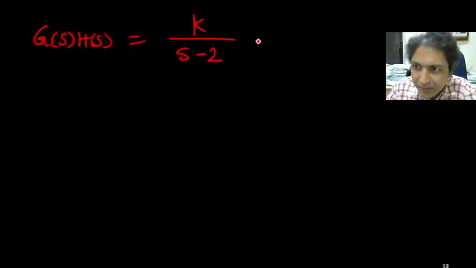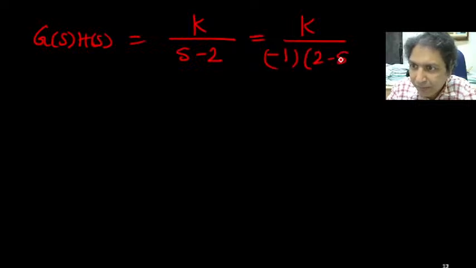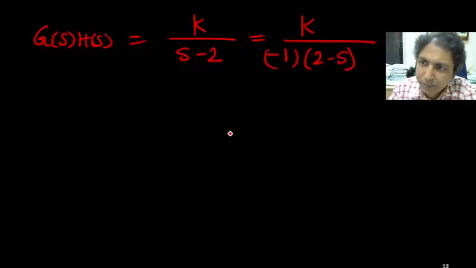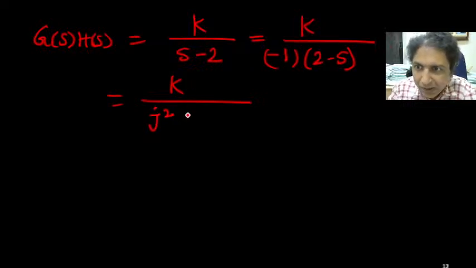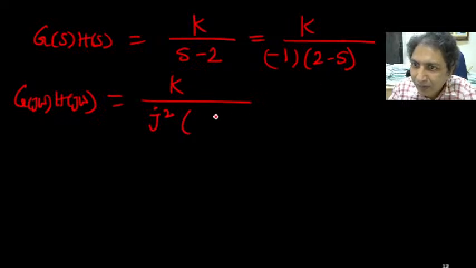This thing we can write as k upon, minus I can take common, minus 1 times 2 minus S. And this minus 1 I can write as j square. Now I will consider G of j omega and H of j omega. So I replace that, and this will become 2 minus j omega.